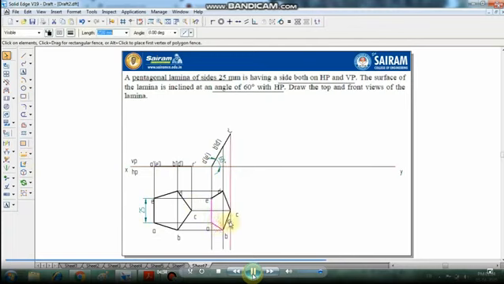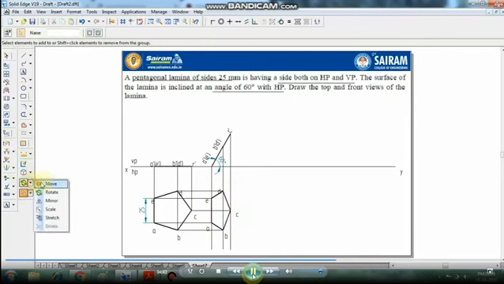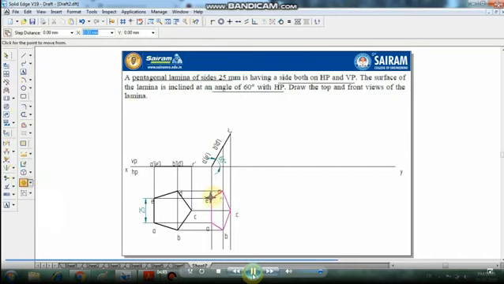Select all the entities, make a group so that we can move by selecting the edge EA and keep the point E on the line. Then we can rotate by selecting E to A, and keep this in the reference.